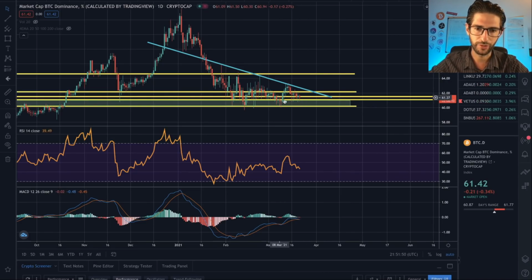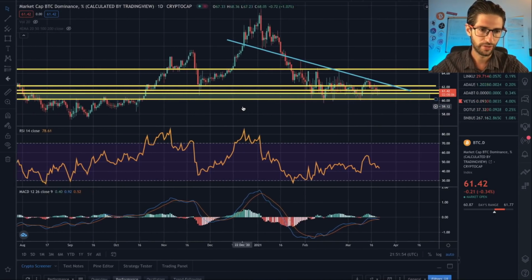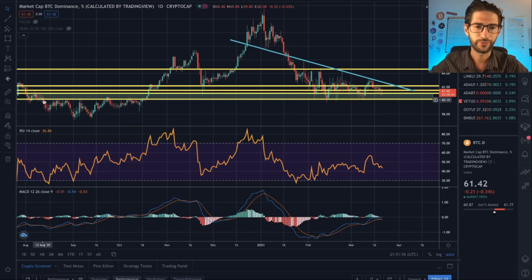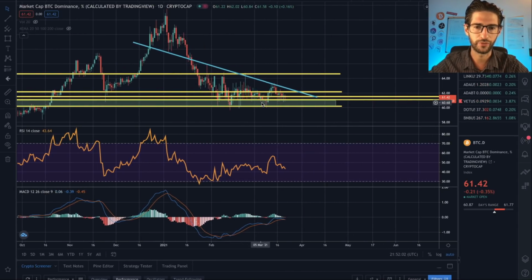But if the Bitcoin dominance loses the support on this rectangle, if we see what happened in the past, that would mean that we could continue having a rally on altcoins, and that will be very beneficial for ADA in this case. We also are about to cross on the MACD.